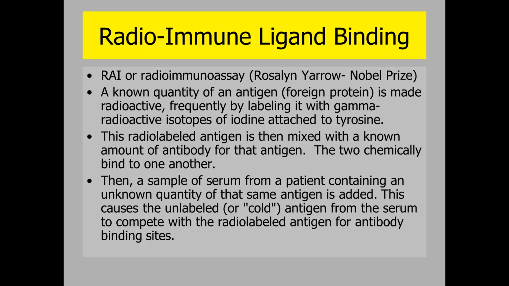So you can specifically identify which protein is involved using the antibody, and you can identify it by its presence in the serum because the radioactive iodine is released into the media and not bound to the antigen, which can be coupled to a membrane.